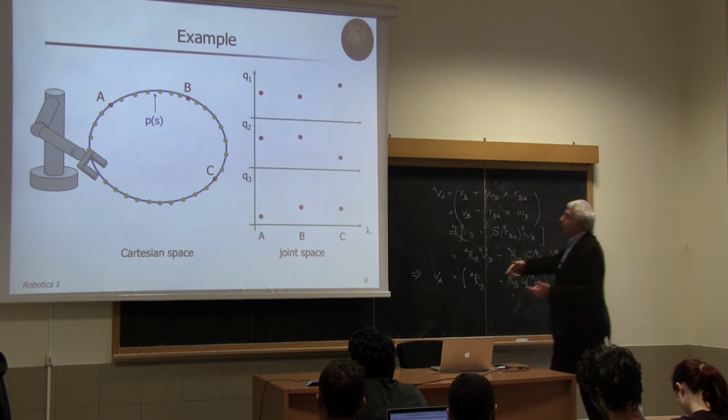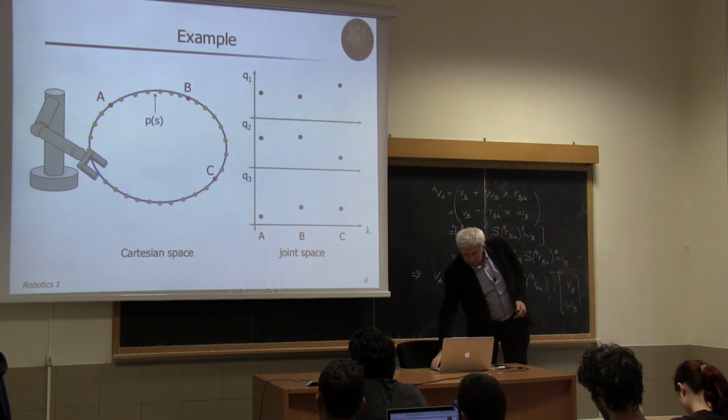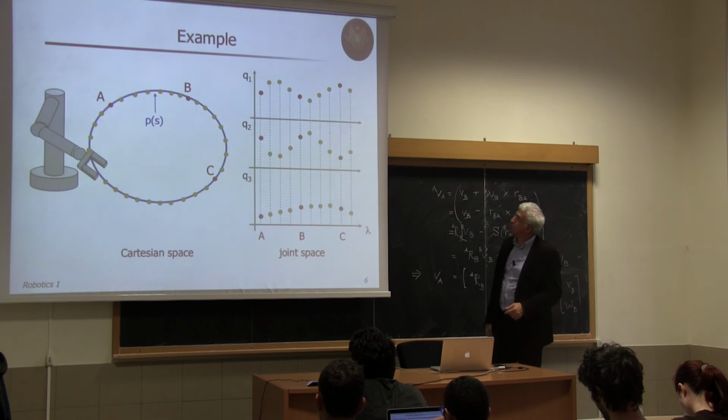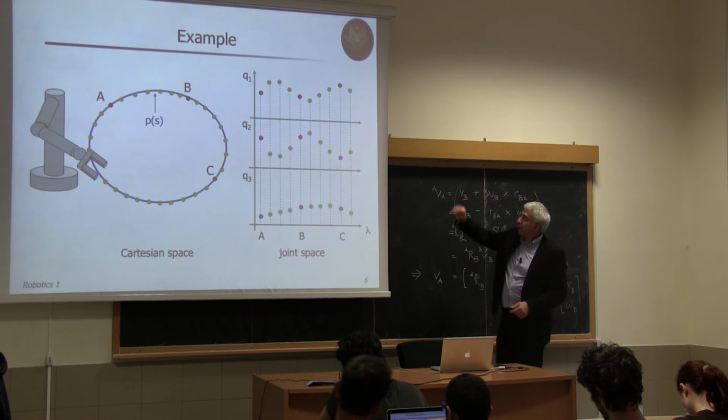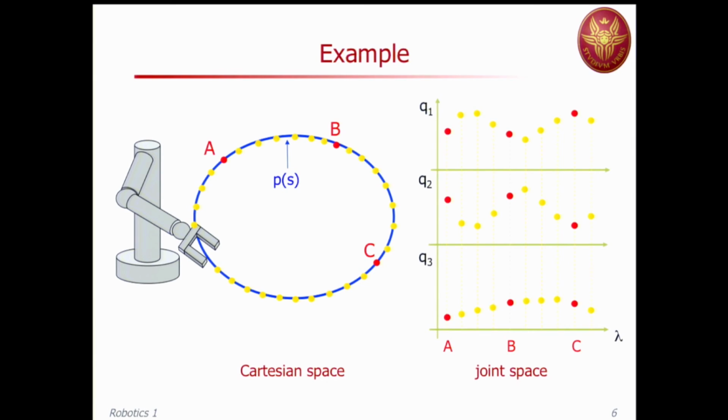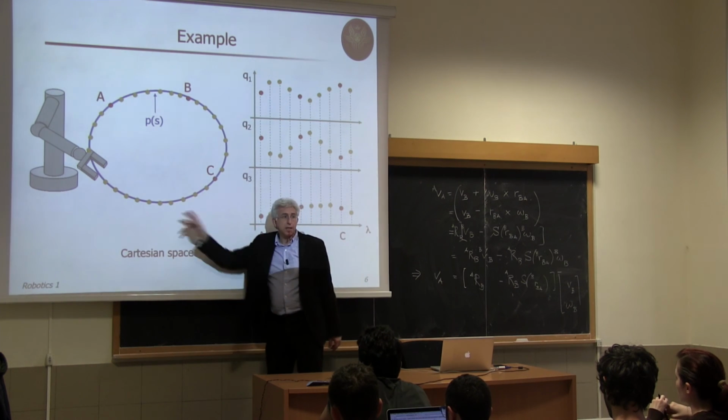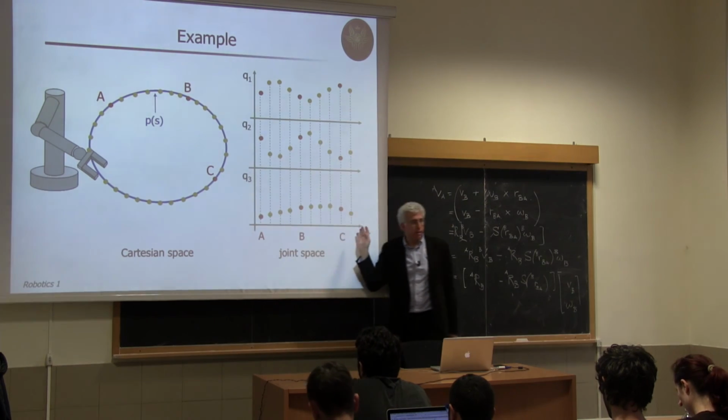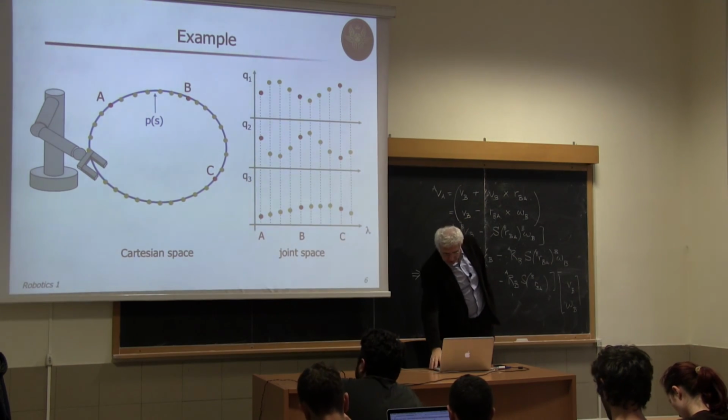And now I will invert those points in the Cartesian, in the joint space. So now I have several points, much more than the 3 points that I started with, still to be interpolated. Even if I had an interpolation in the Cartesian space, I have only discrete points at this stage in the joint space.